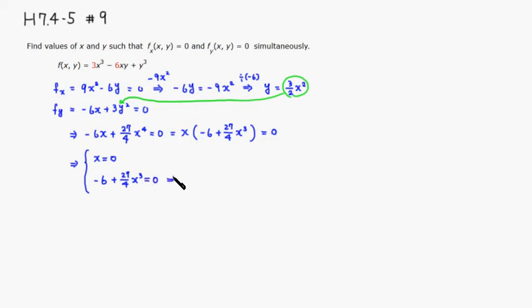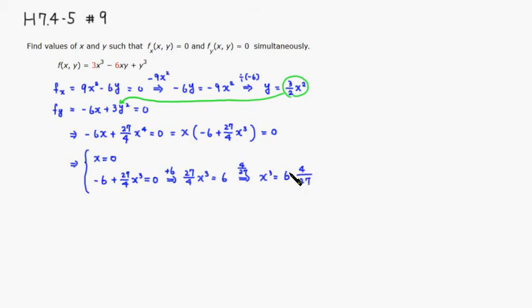First I'm going to add 6 to both sides, so 27 over 4 x cubed is equal to 6. Then we can multiply both sides by 4 over 27, so that we have x cubed there. So it's 6 times 4 over 27.